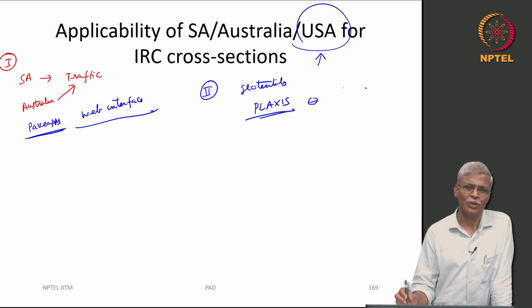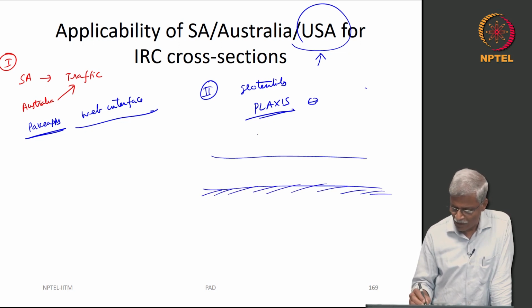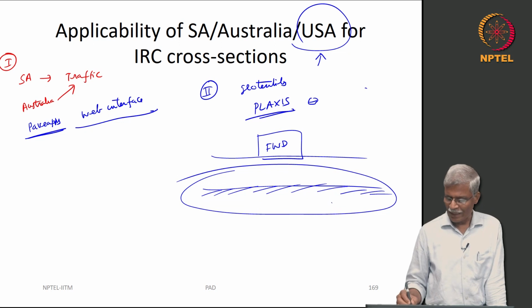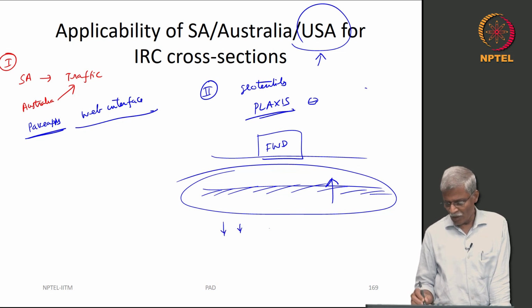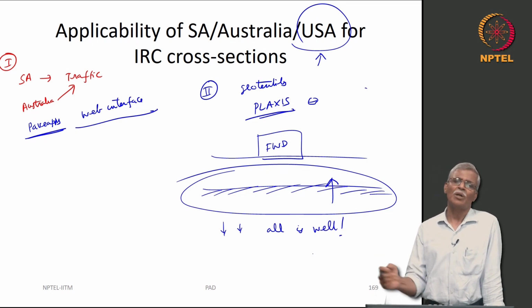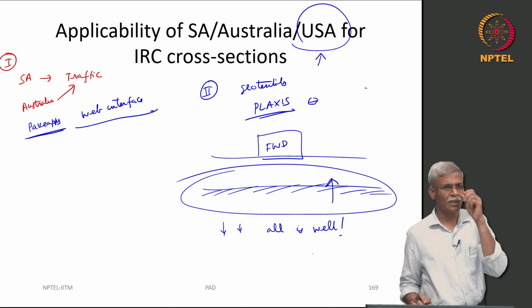Okay, only then you can do it, and in fact you need to also understand this very carefully. So, let us say this is the glass grid that you are introducing here, and if you subject it to falling weight deflectometer, most of the load will be taken by the glass grid, and the FWD back calculation procedure might tell you that all is well below. All may not be well below, but that is intercepted by this glass grid that you are really seeing here.